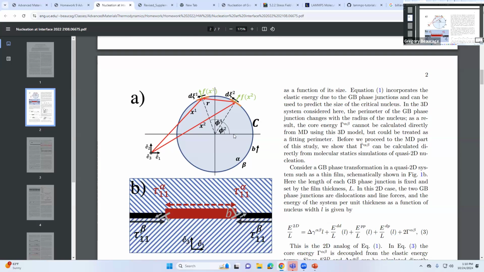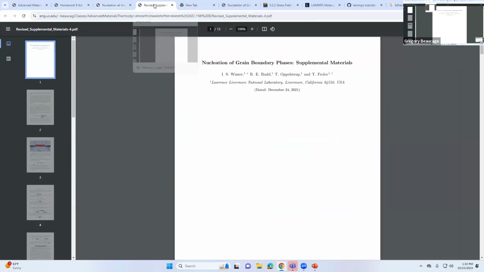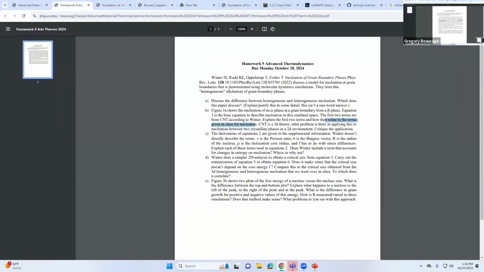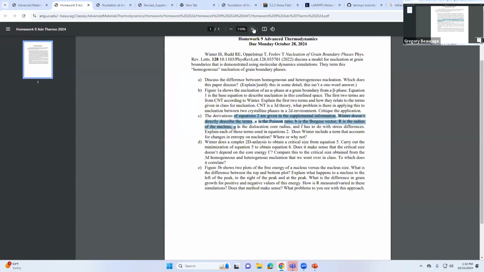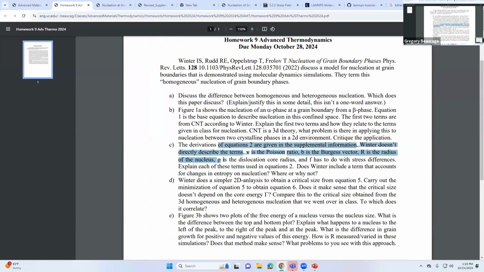These stresses are really like the Laplace equation, like the pressure. In 3D it would be pressure, and here it's strain, interfacial strain. Anyway, there's that business. There's a derivation of 2 in the supplemental.